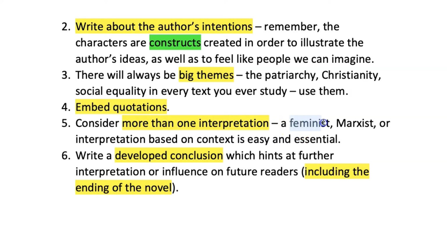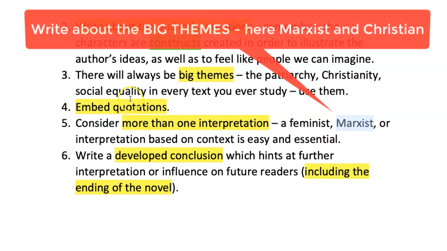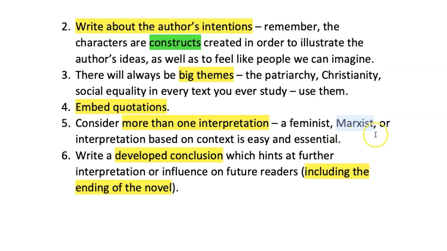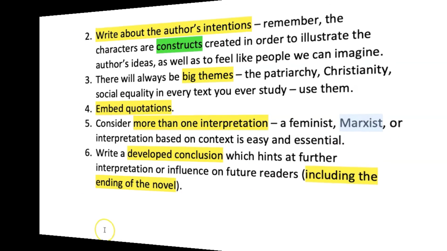I find this a really useful one to teach to my students because it's relevant to every text they study from the 19th century and also the 20th century. And Marx is also a brilliant way of dealing with social inequality. He's fantastic to use with Dickens because they are experiencing poverty in London at the same time. So Karl Marx's Communist Manifesto came out only 5 years after A Christmas Carol.